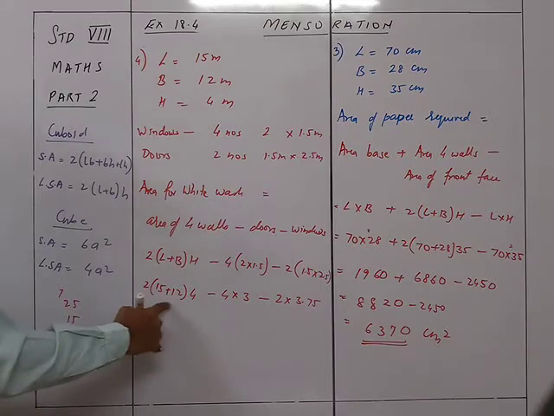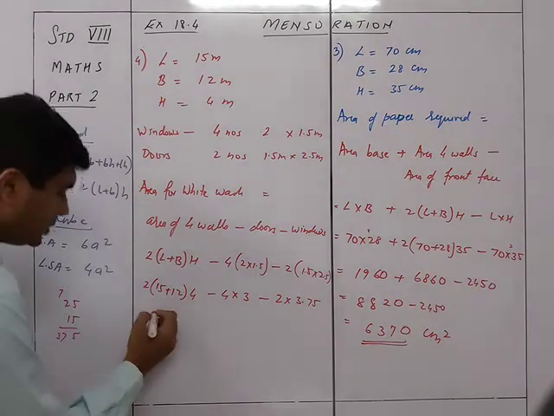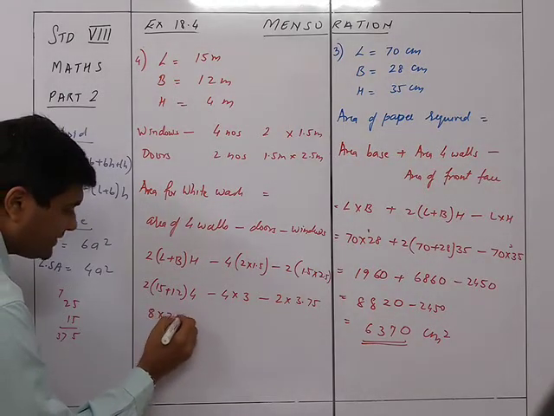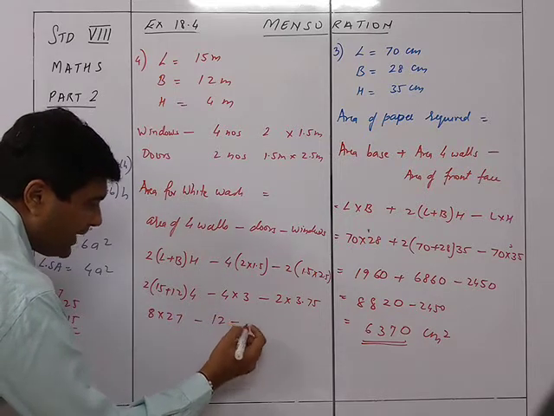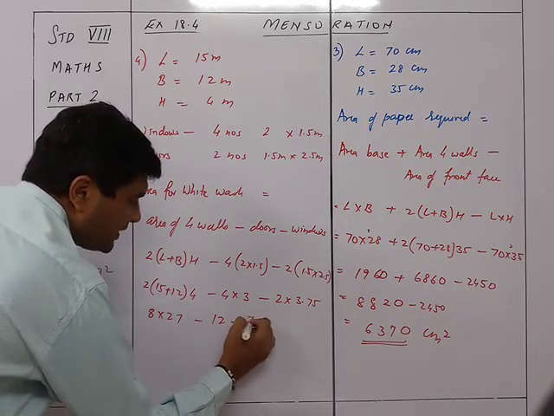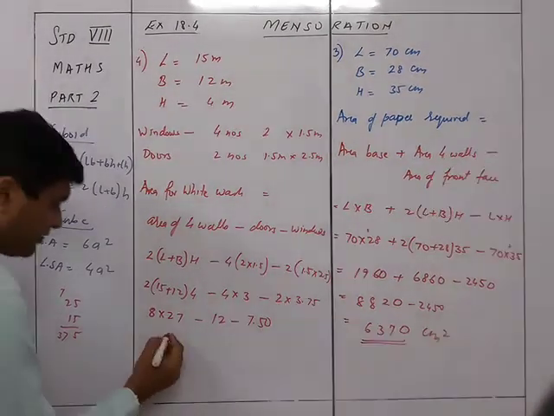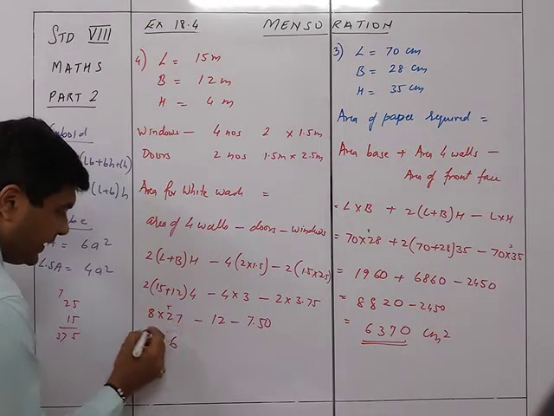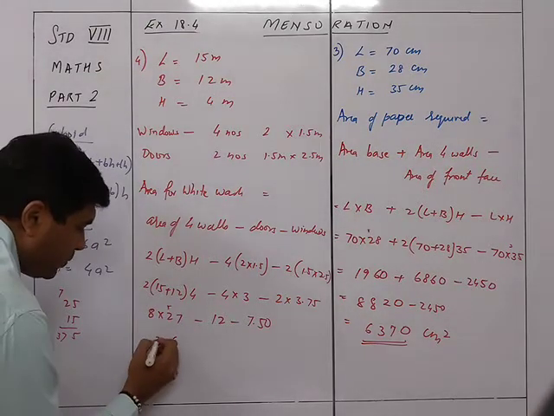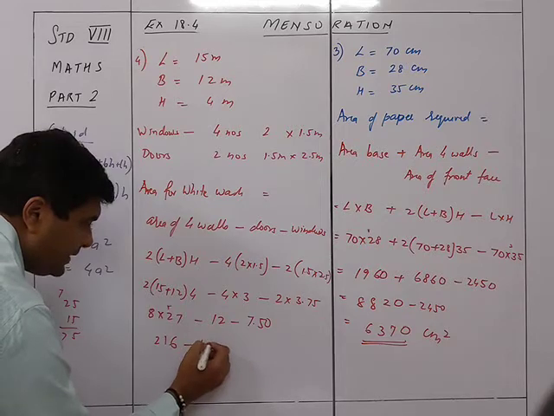So this is nothing but 27, so it is 8 into 27 minus 12 minus, this will be 7.50. Okay. So 8 7s are 56, 8 2s are 16 plus 5 is 21, minus 19.50.